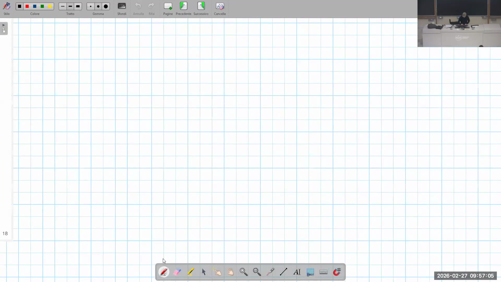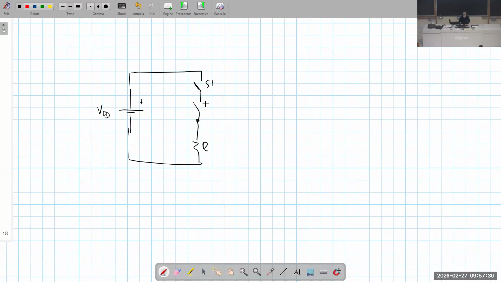let me do this from scratch. Let me introduce another notation. We'll say that in all circuits, we have the battery voltage and the network connected to the battery voltage. Let's consider this circuit here, in which we have two switches, S1, S2, and a resistor, and in which the output is this node.